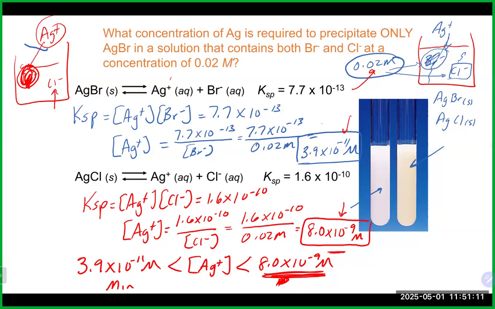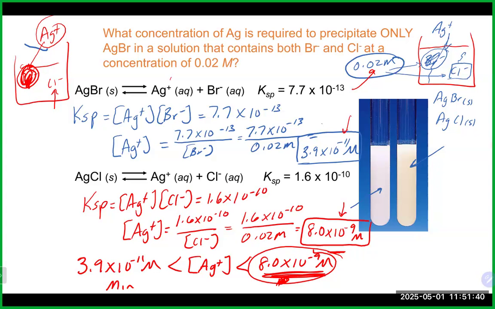So if you just wanted to take out the bromide, like the question asked, you need at least 3.9 times 10 to the minus 11 in terms of the concentration of silver to start to see it precipitate. You need to keep the silver less than this number because otherwise you'll start precipitating out the chloride. Any solid that comes out with a silver concentration within that range should be the bromide coming out of solution.